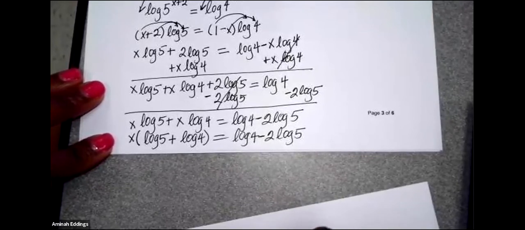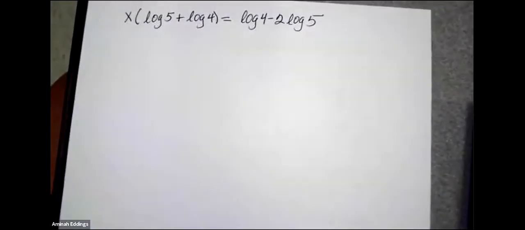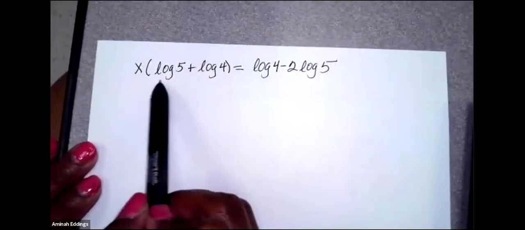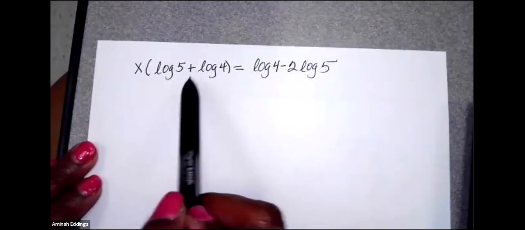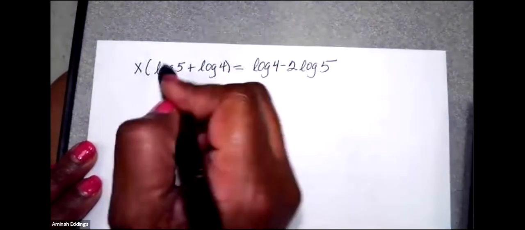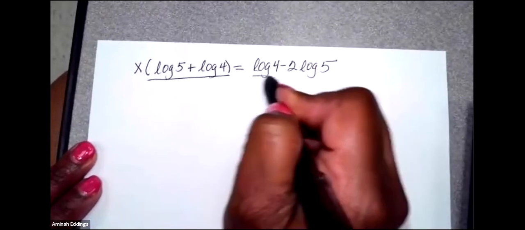Now, the very last thing I need to do is, remember, I'm solving for x. So what's keeping me from having x by itself? The stuff in the parentheses. Okay, I'll go with that. The stuff inside the parentheses, yes. And it's being multiplied. So to get rid of it, I am going to divide.